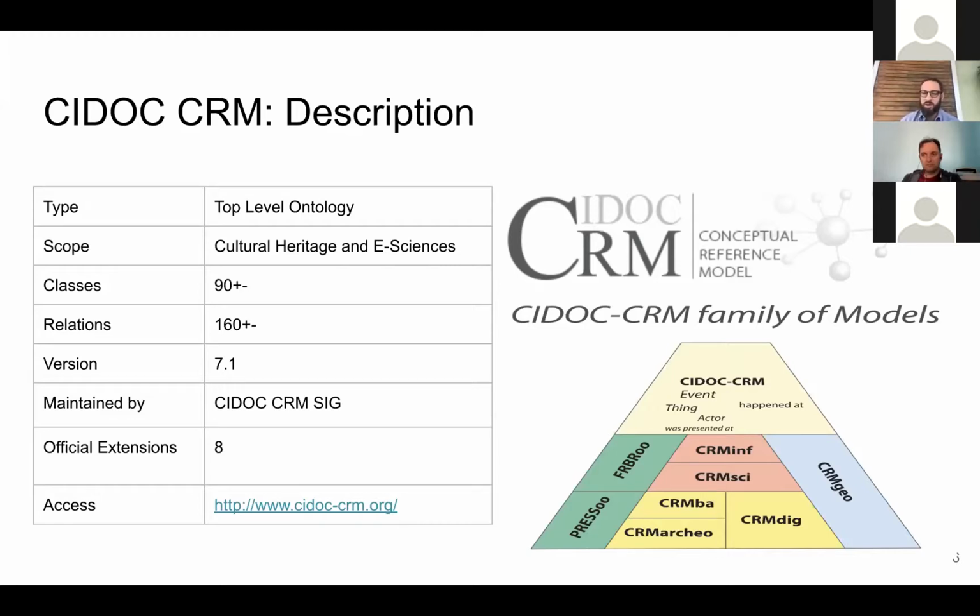CRMdig is for provenance information about digitization processes. And CRMgeo is connecting to open source standards on geographic information systems, as a way of expressing geographic information system data in a way compatible with the overall CIDOC CRM ontology.